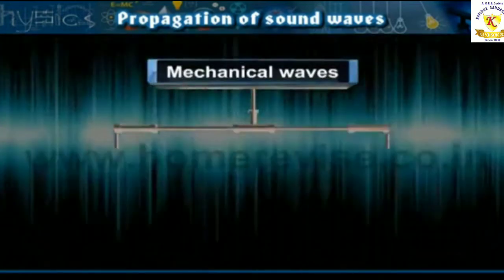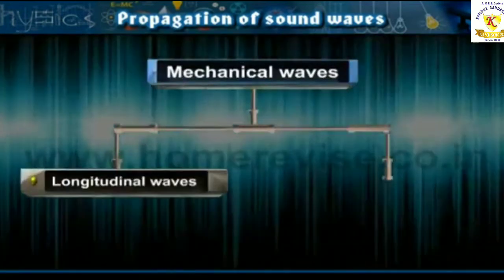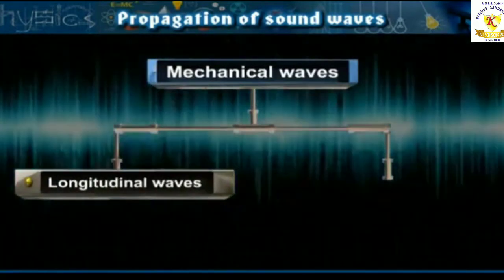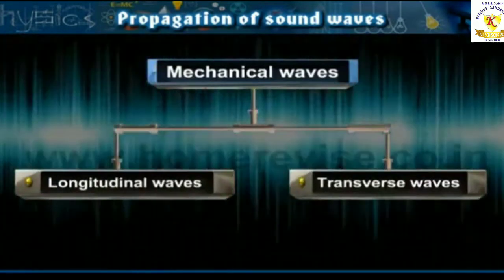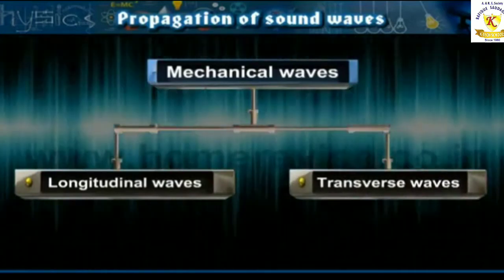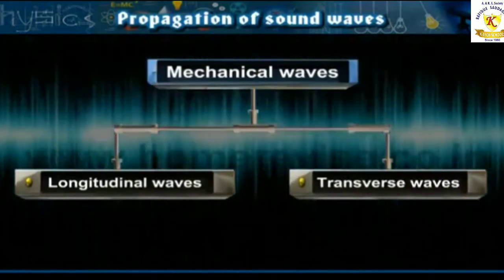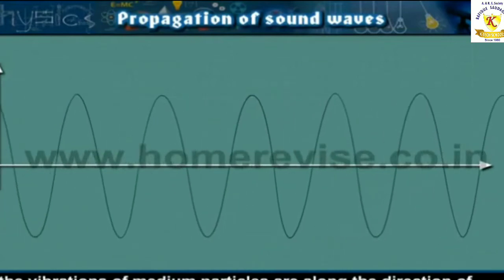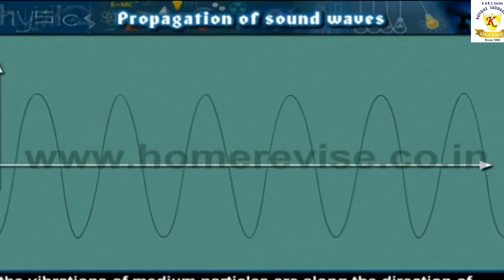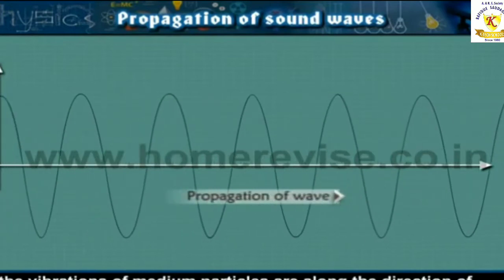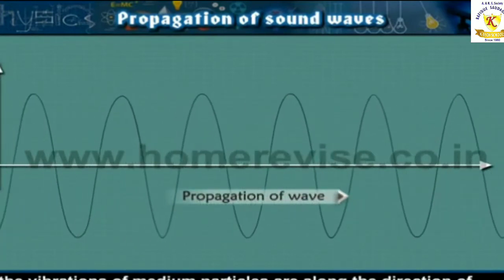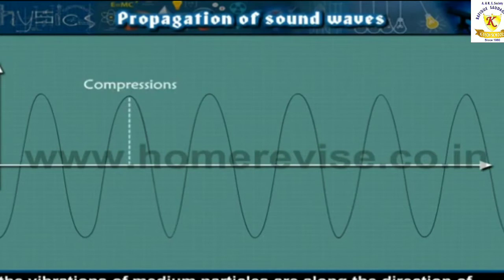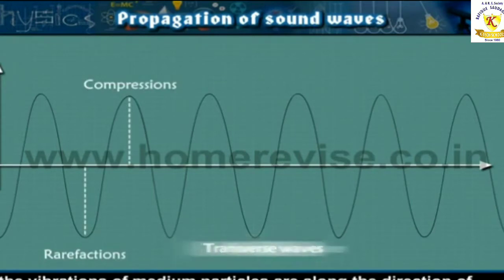Now, these mechanical waves are of two kinds: the longitudinal waves and transverse waves. If the vibrations of medium particles are along the direction of propagation of the wave, thus forming the compression and rarefaction in the medium, the wave is called a transverse wave.